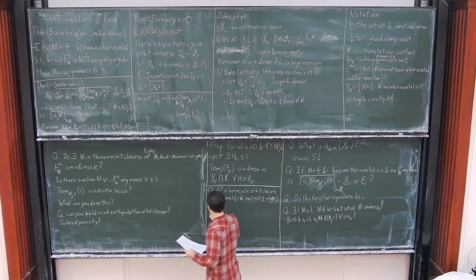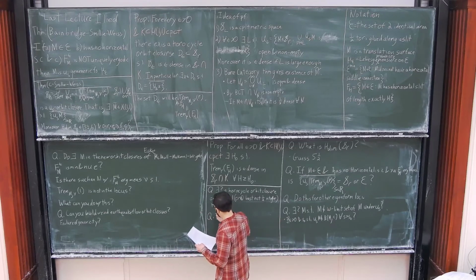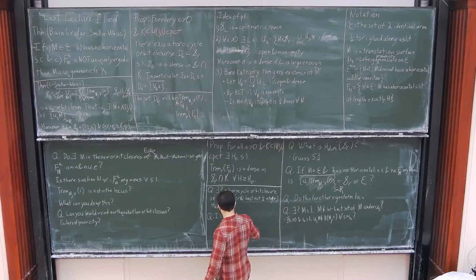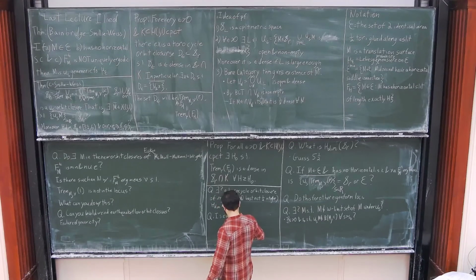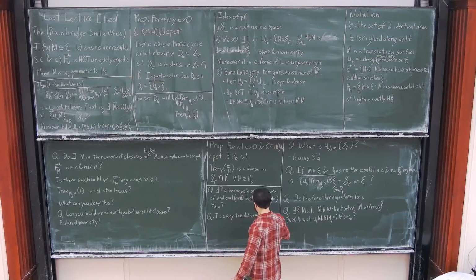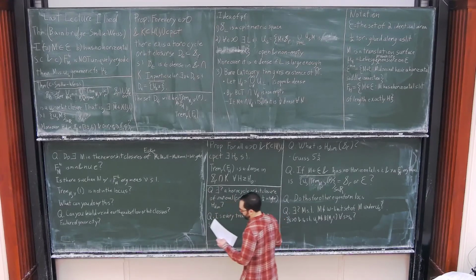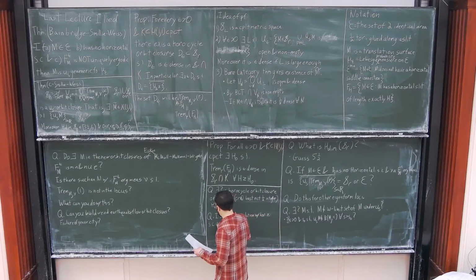And now let's do one last question. Is every translation surface without horizontal saddle connections quasi-generic only for nice measures?